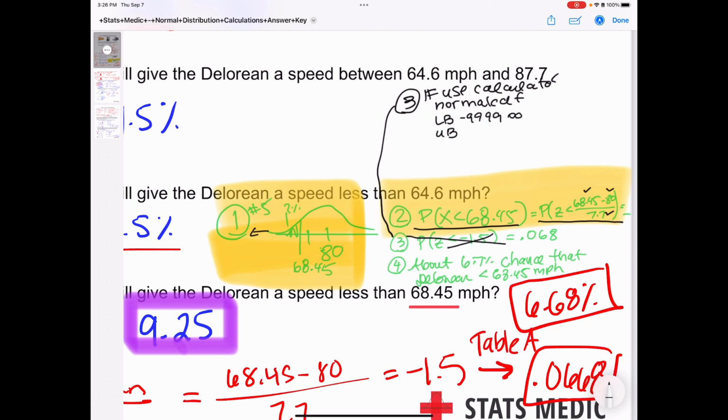On here, you could definitely put negative infinity, either way. The upper bound is where the rightmost part that the shading stops, which is 68.45. The mean is 80, and the standard deviation is 7.7. And then I would get, on the calculator, 0.068, and then number 4, I still would write this.